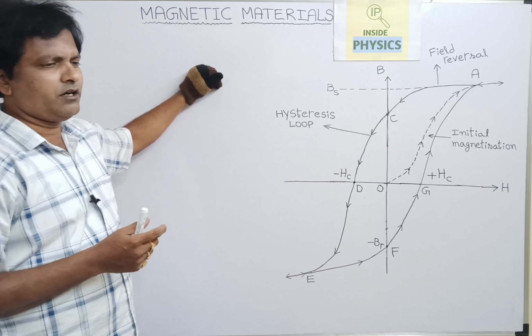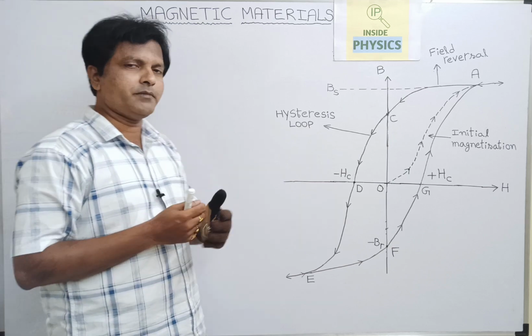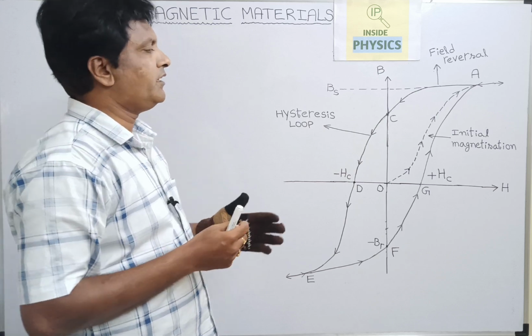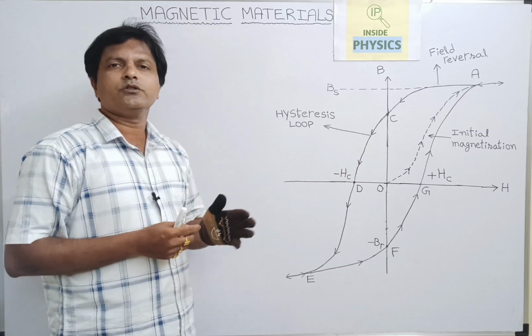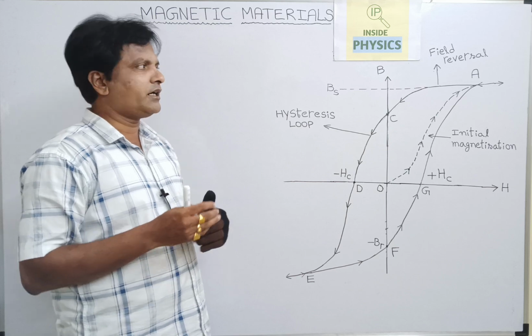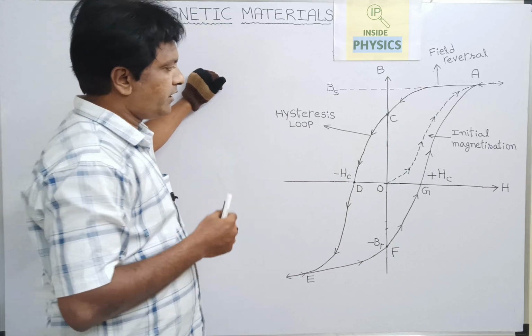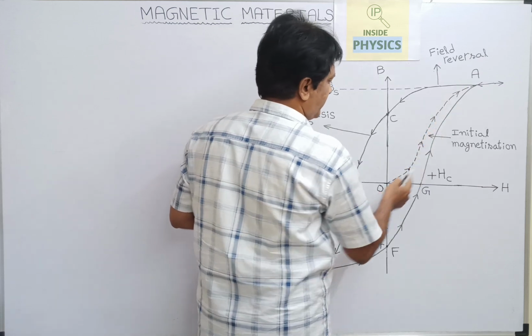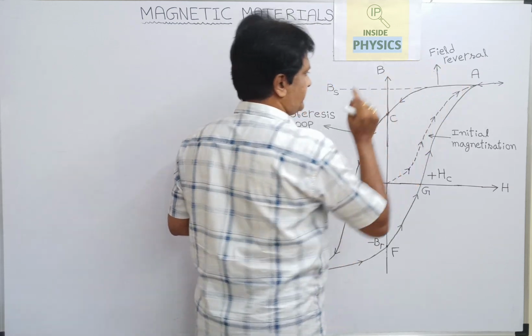All the magnetic moments cancel each other because of their random orientation due to the thermal condition of the material. Initial magnetization is represented by the dotted line OA.